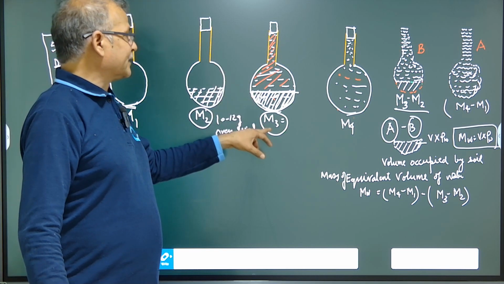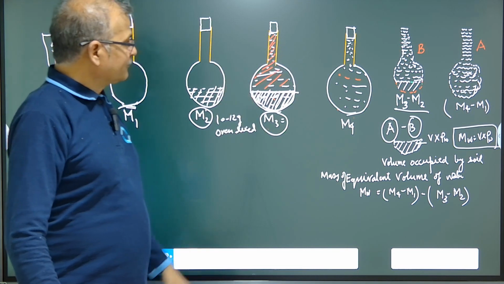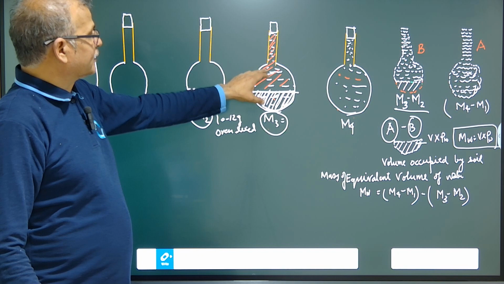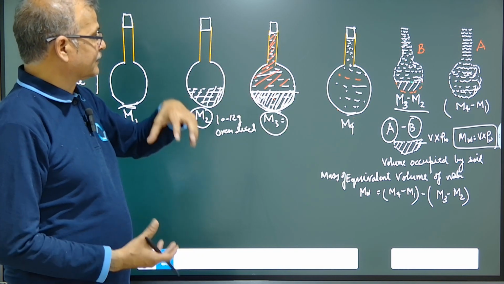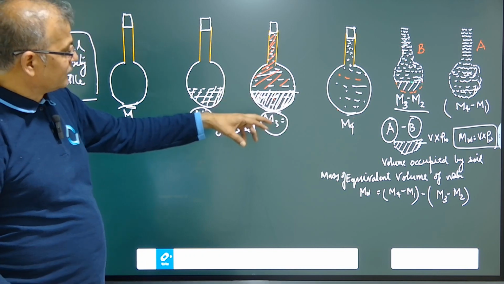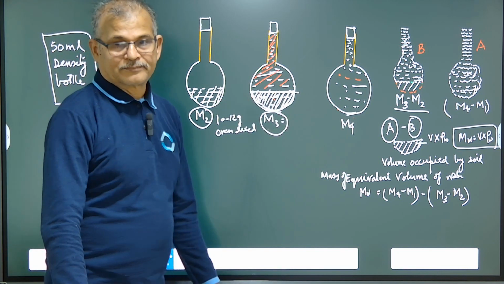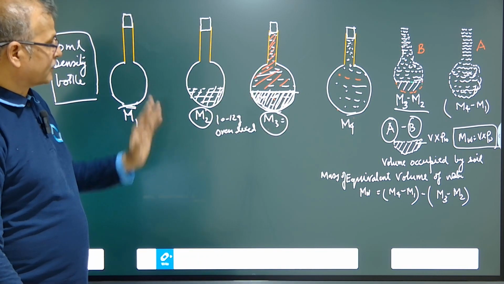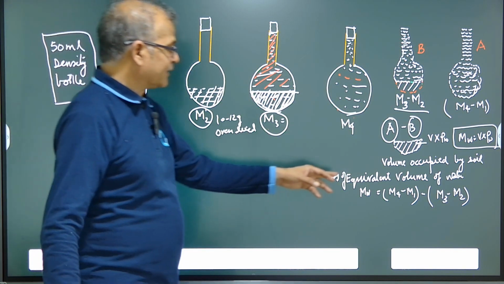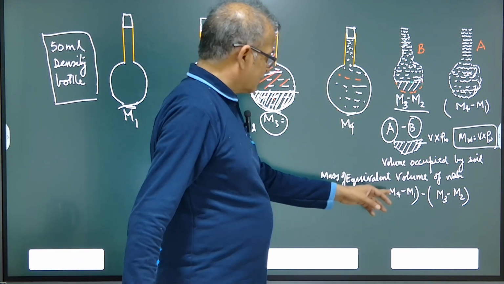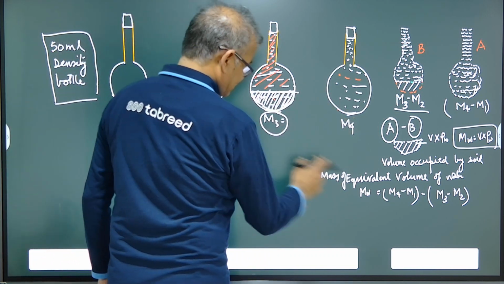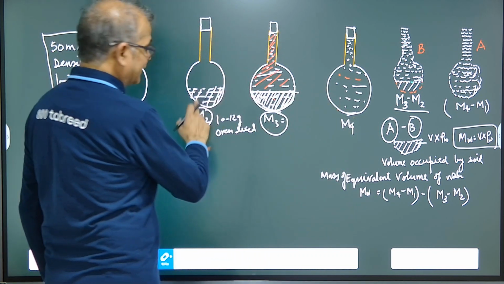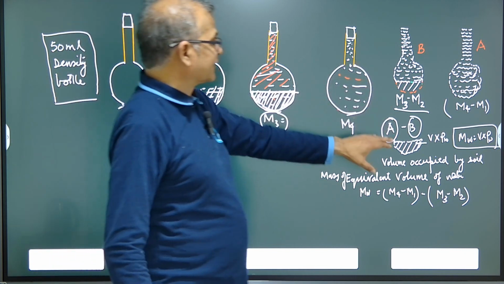After taking the measurement M3, we remove the soil and water from the density bottle, clean it, fill it again with distilled water and take the weight M4. So the mass of the equivalent volume of water will be (M4 minus M1) minus (M3 minus M2). The complete procedure is written here.